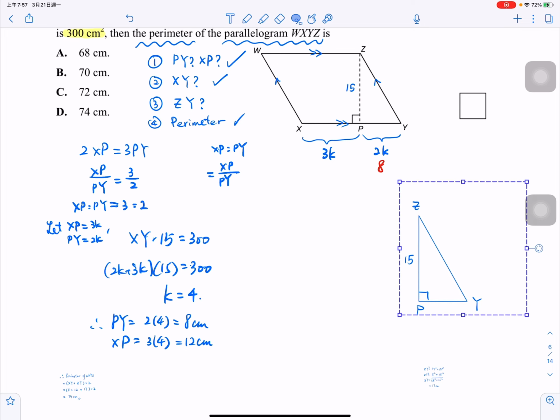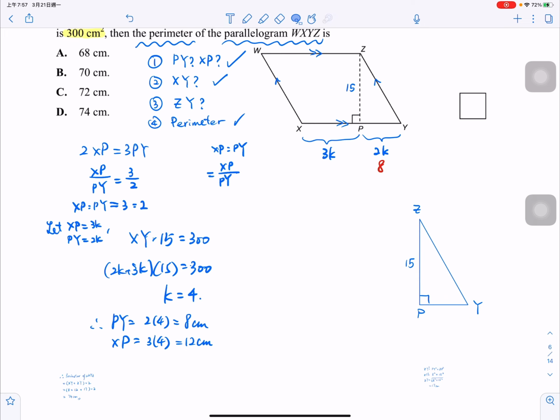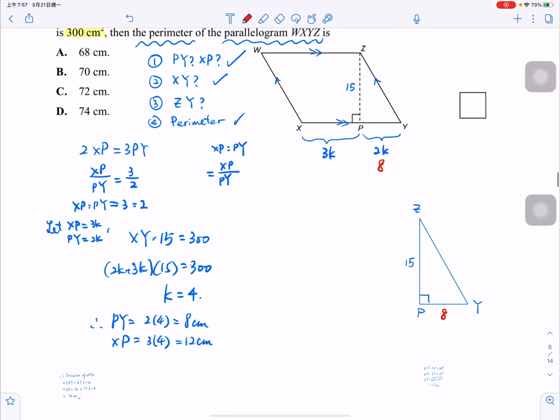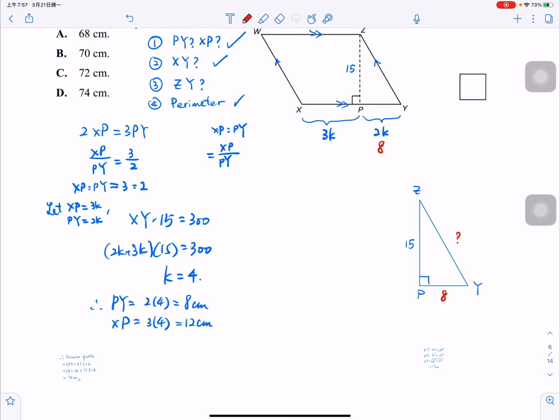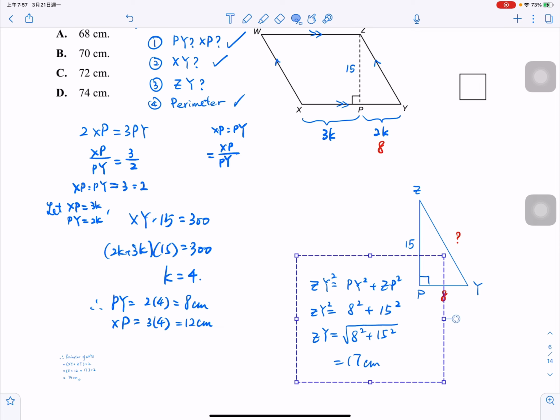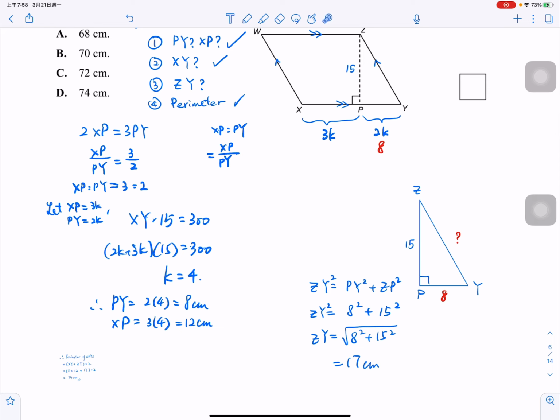So this one is PY, 8, and ZP is 15. Do you know this one? Yes, very good, Pythagoras theorem. So ZY squared equals PY squared plus ZP squared. You can write that as Pythagoras theorem. So at the end, ZY equals 17.